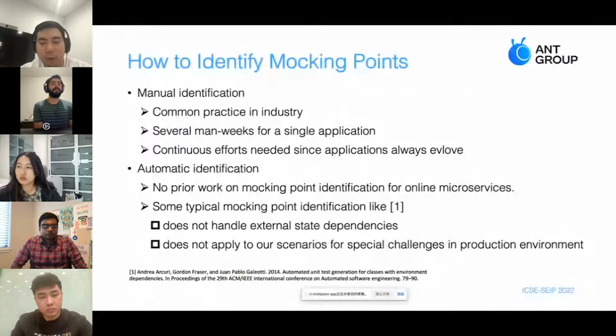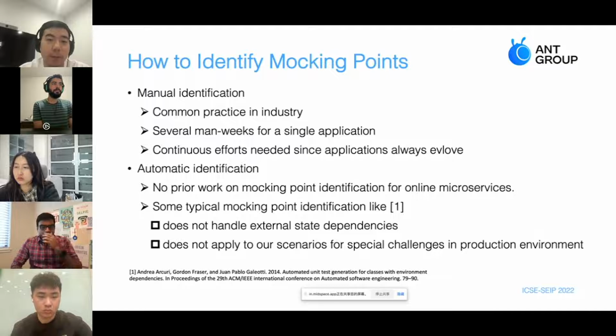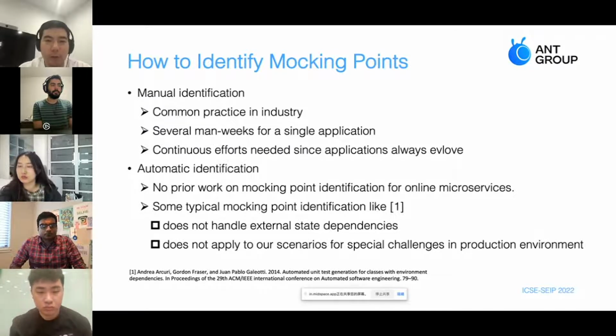But the problem is how to find such mocking points. In the industry, one common practice is to do that manually. In one microservice, there can be tens of thousands of lines of code and tens of thousands of methods. So programmers need to manually identify maybe hundreds of mocking points.